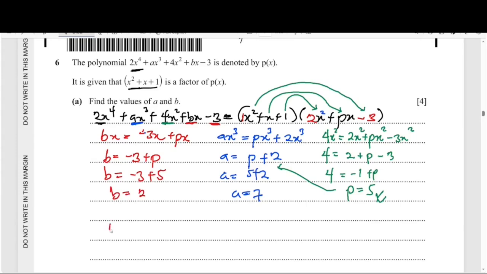So yeah, and as I said once again, this is the same as expanding the right hand side and then equating the coefficients to find the values of a and b. So a is equal to 7 and b is equal to 2 are our answers.